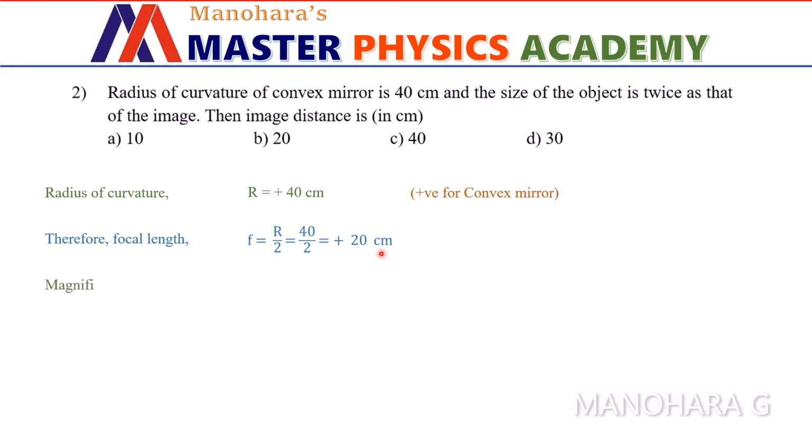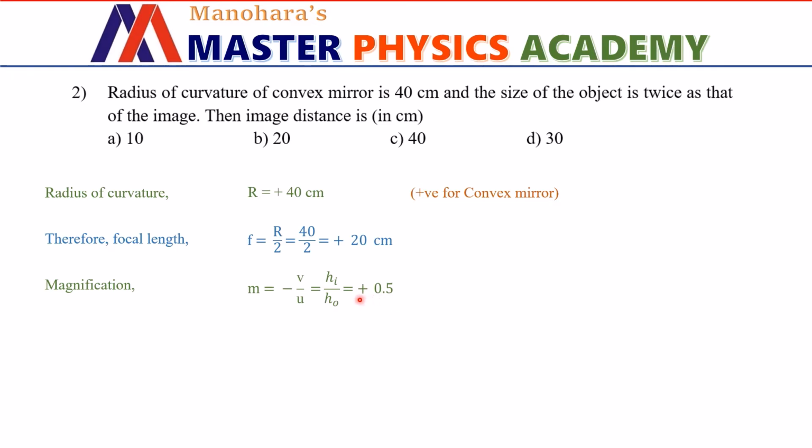Now, the magnification formula for a spherical mirror is m = -v/u, which is also written as height of the image divided by height of the object. Since it is given that the height of the image is half the height of the object, the magnification is 0.5.